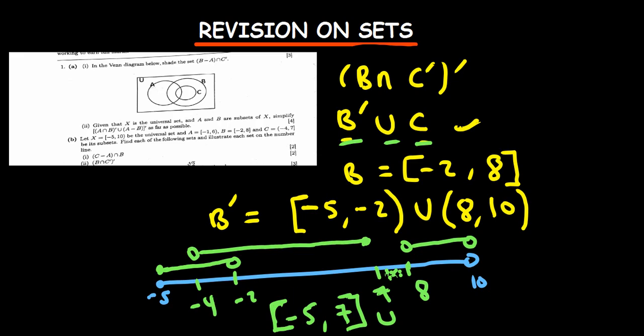So it's union, where 8 is, 8 then 10, like that. You've seen the slight difference from what we got for B complement. It just changed here, in fact. So that is your answer there.